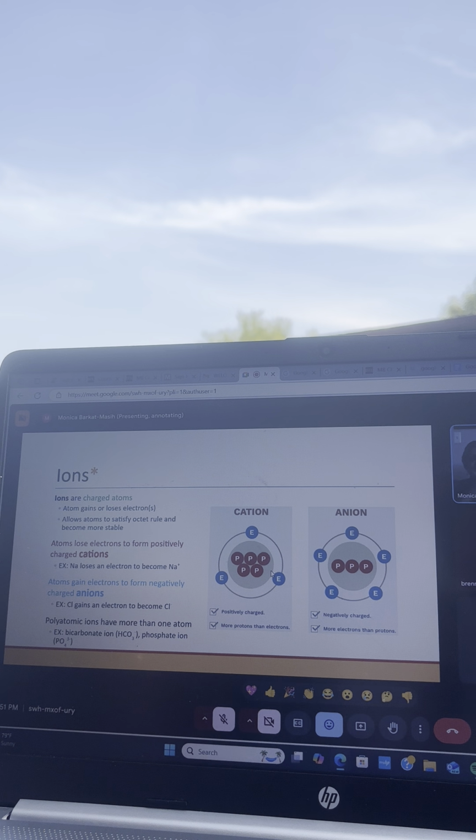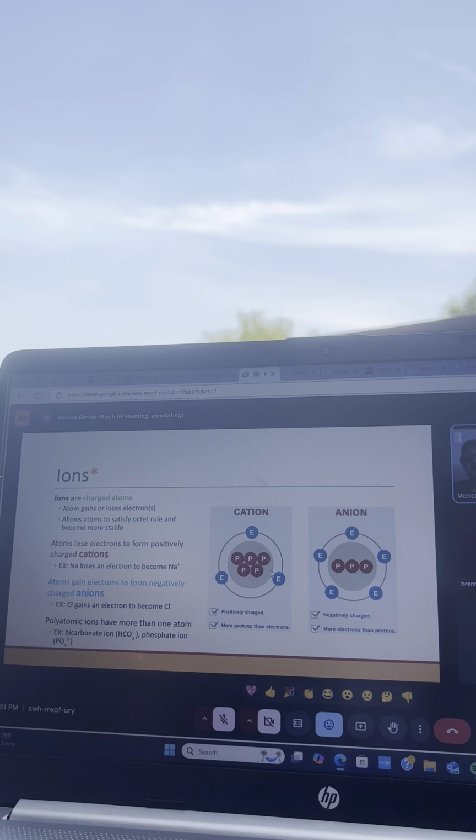Okay, what are cations? What charge do they have? Positive. Yes, positive. So sodium with a plus sign, it's a cation. Calcium with 2 plus is a cation.